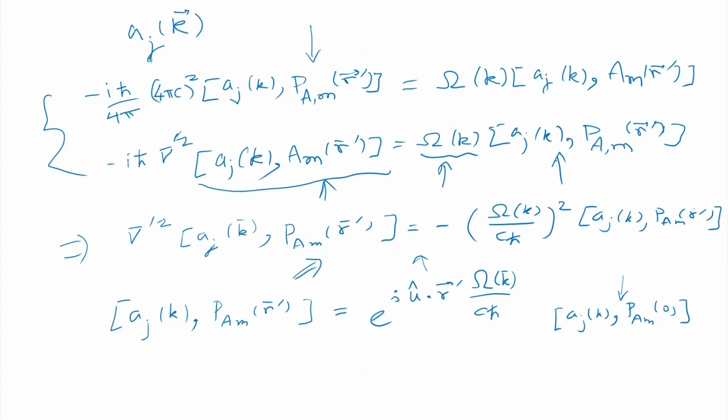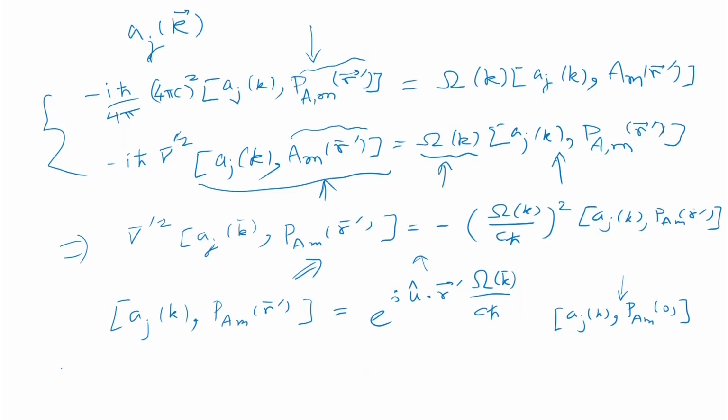So how do you fix that? In order to fix this, first we notice that this A itself is by definition a linear combination of the generalized position, which is this, and the generalized momentum, which is that. Just like in the case of a simple harmonic oscillator, the annihilation operator was a linear combination of the canonical position and canonical momentum.